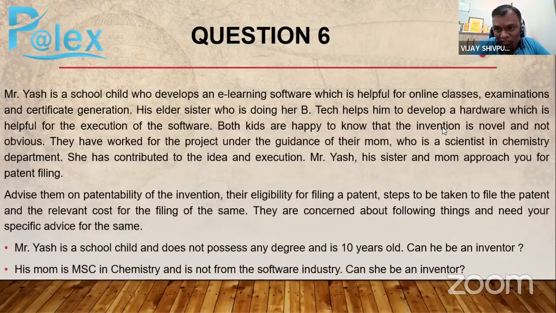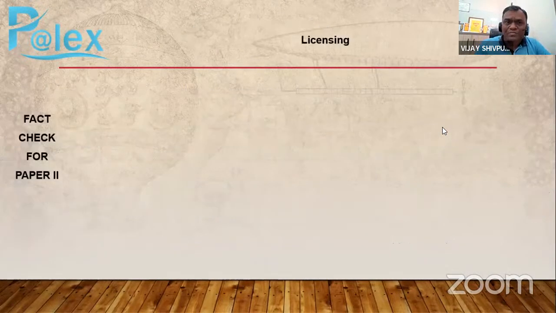Of course, many times it's related to copyright as well. During the lockdown, when everything went virtual and everyone was learning online, children like Yash developed something, and so these kinds of questions come up. It's a hypothetical thing, and you can try to answer based on your understanding of the domain.